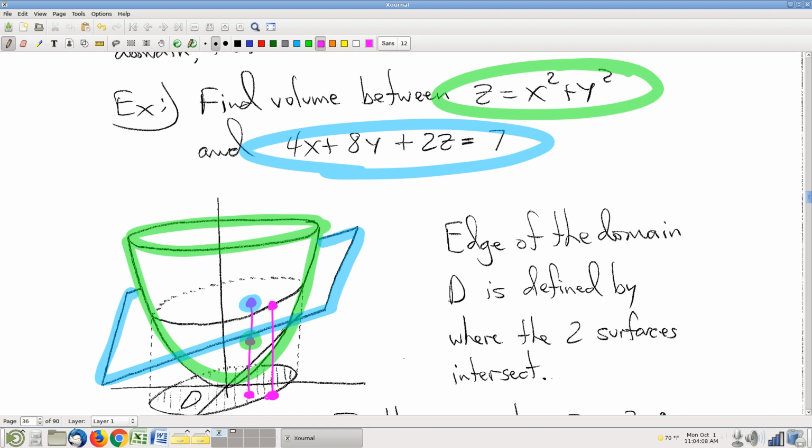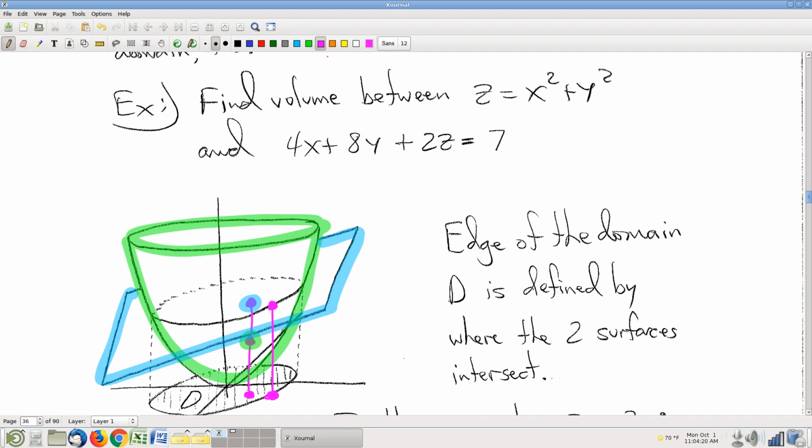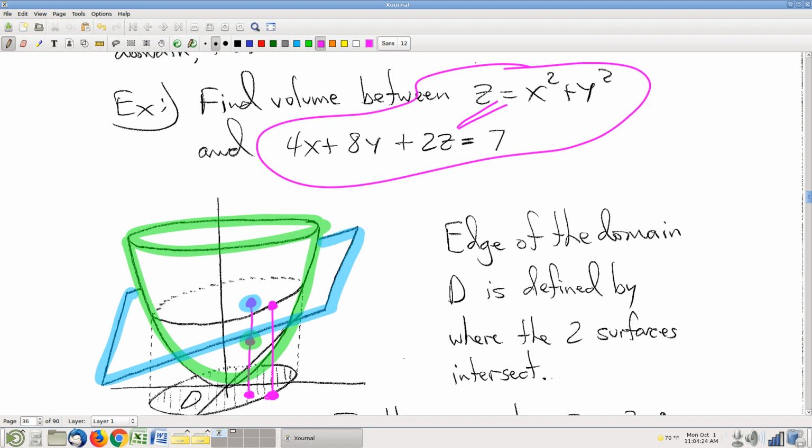Right? Now here's where a lot of students mess up. Lots of students, very common mistake. I see this all the time. Students say, okay, well, if I want the surfaces to intersect, then I'll set the equations equal to each other. And the students will do this, and then algebraic insanity ensues. Because I don't know what that means.